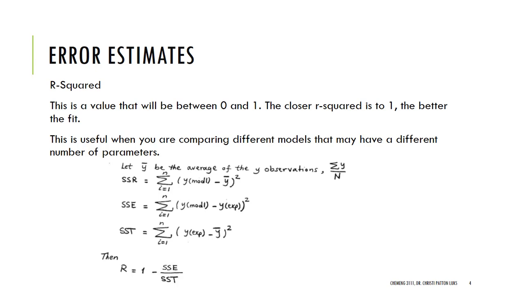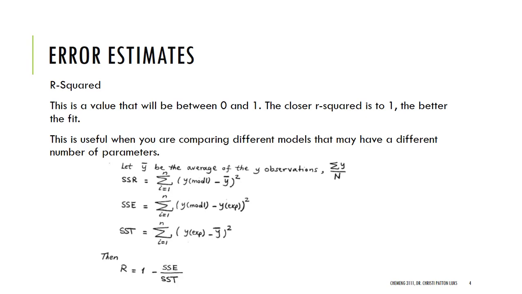And then our last one is SST, the total sum of squares. It's the experimental minus the average, squared and added up.